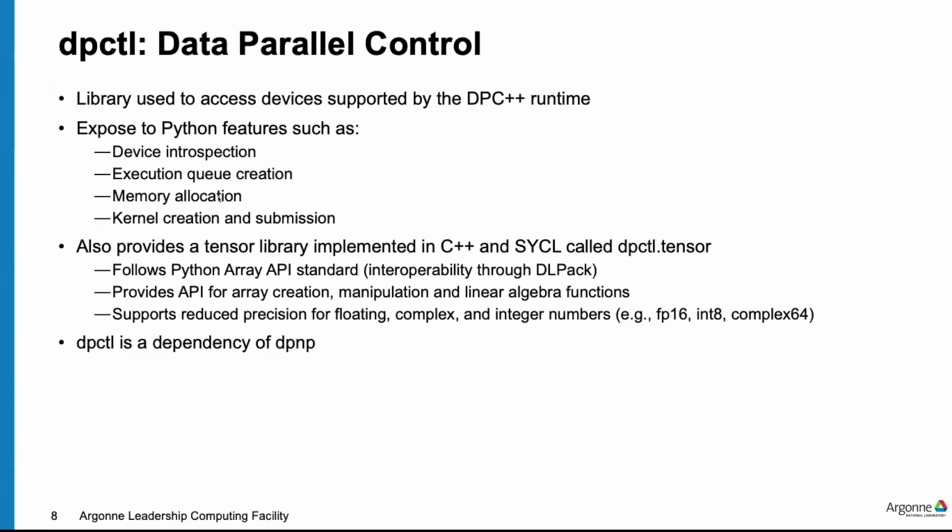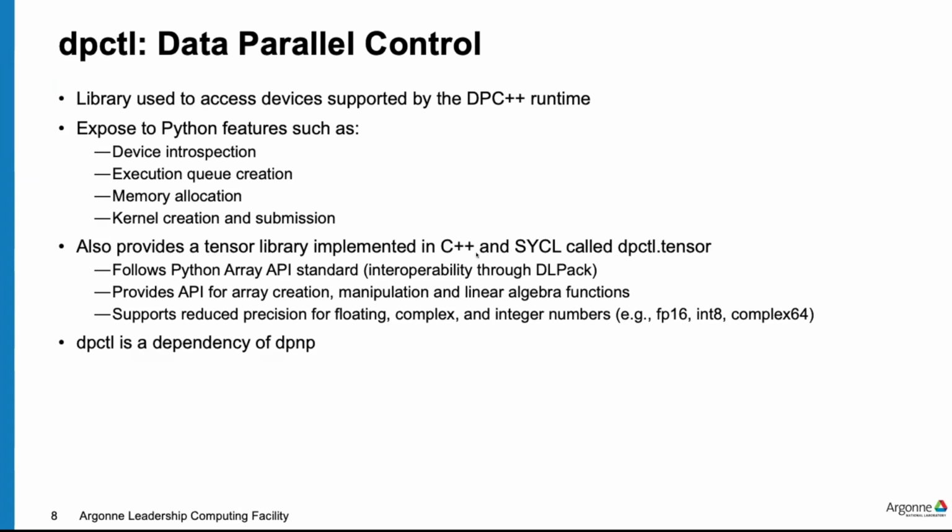There are objects for defining memory allocation and kernel creation from OpenCL code. So this is really intended as a way to enable Python programmers to understand what devices are available, what memory types are available, and then really have control on the devices and the queues that kernels are executed on.